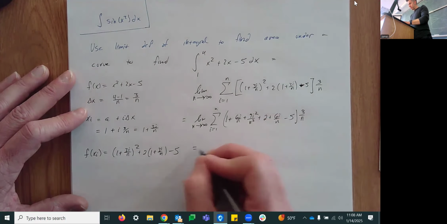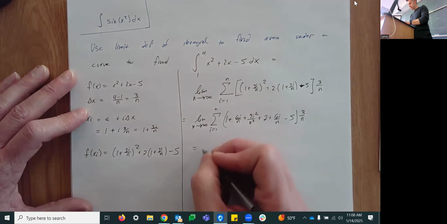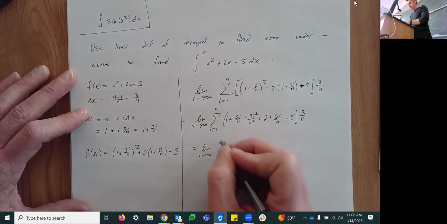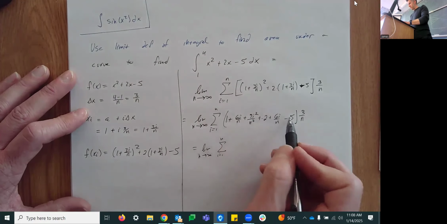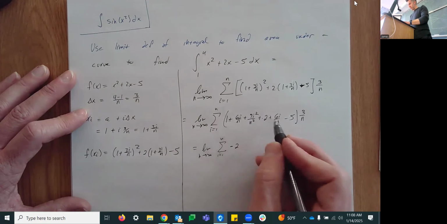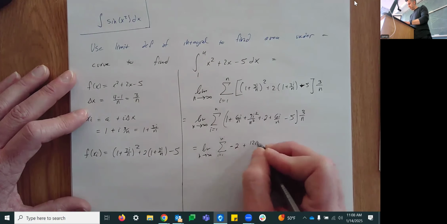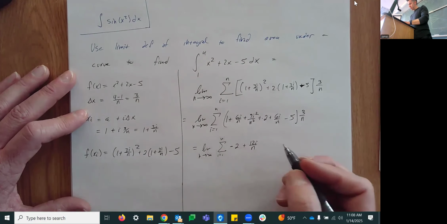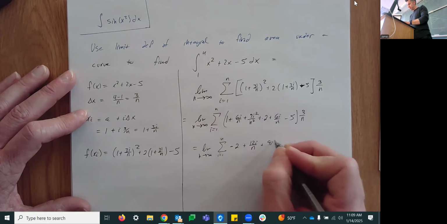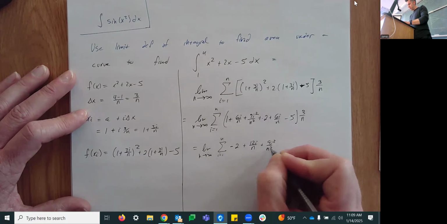Combine like terms. So 1 plus 2 minus 5 is negative 2. 6i over n plus 6i over n is 12i over n. And 9i squared over n squared is the only one that has that. Still have to distribute the 3 over n.